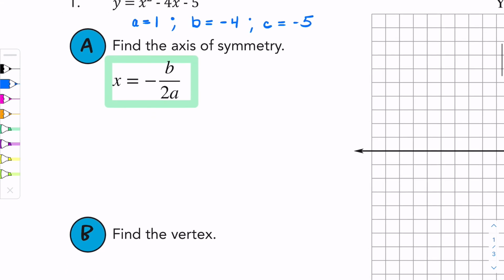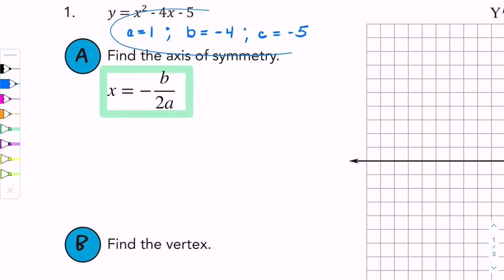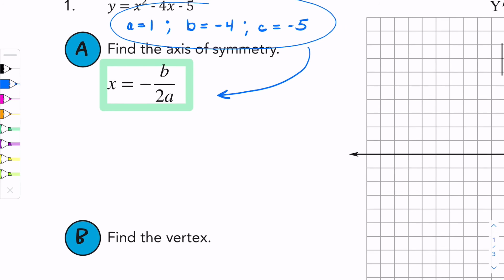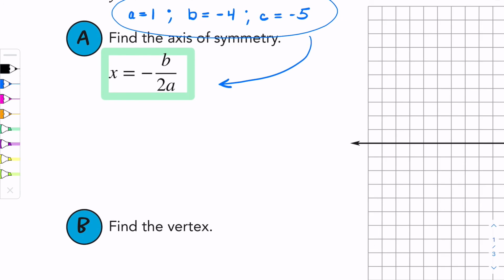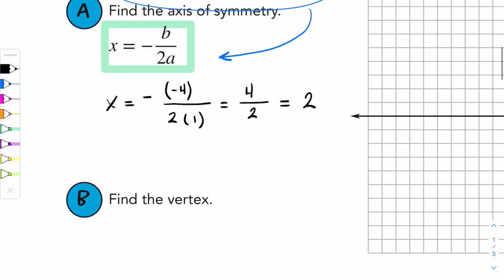And then I'm going to substitute whichever of these values I need into the axis of symmetry equation. x is equal to negative b, which is negative 4, divided by 2 multiplied by 1. If I simplify this, I have positive 4 in the numerator and positive 2 in the denominator, which simplifies to a value of 2. This tells us that x is equal to 2.